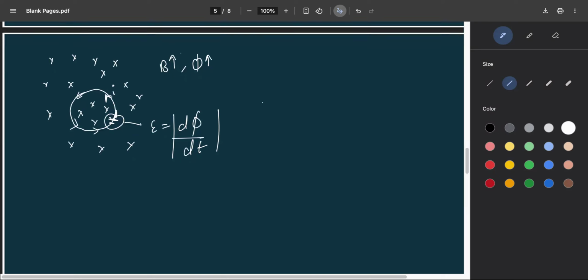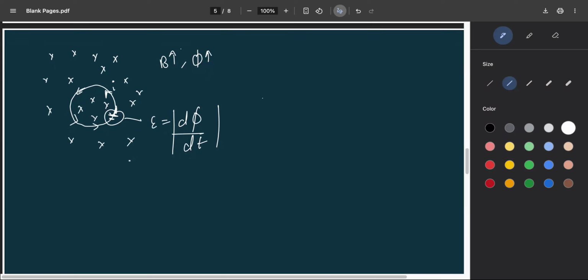So let's see, I have one problem. Assume that you are given an infinite current-carrying rod, and the current is I. There's a loop having some area.